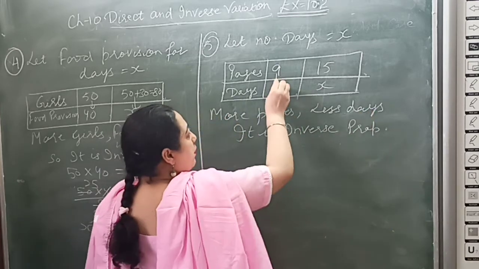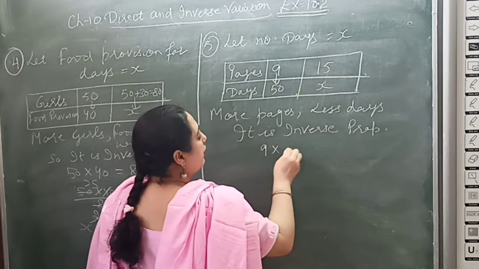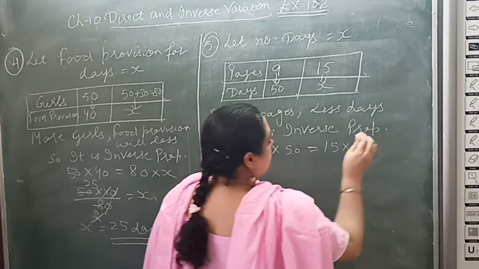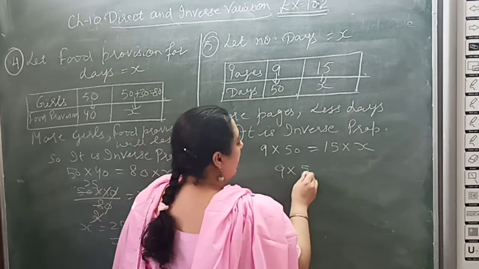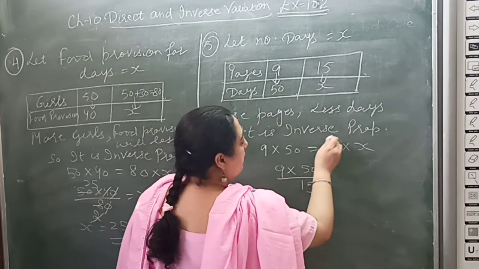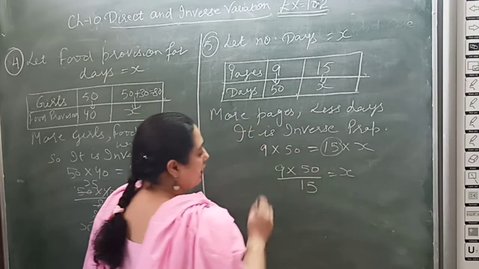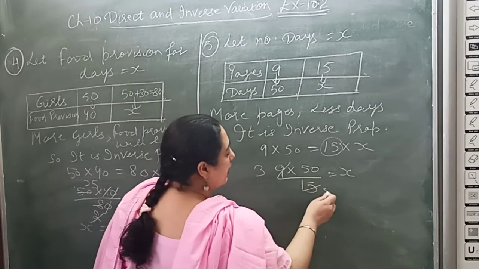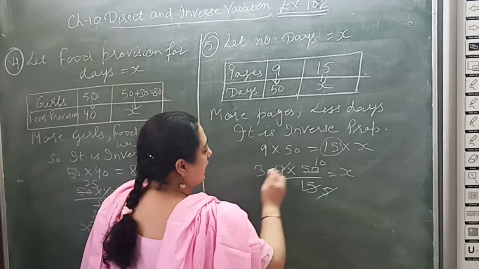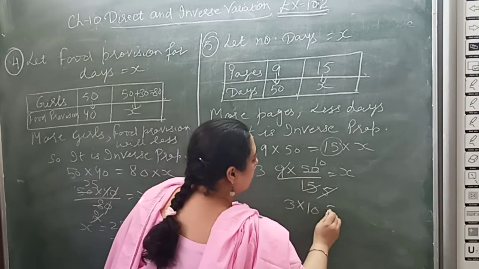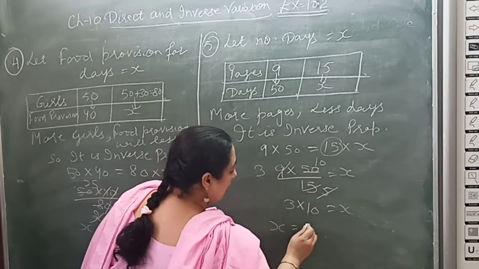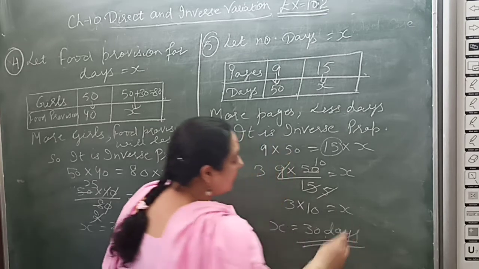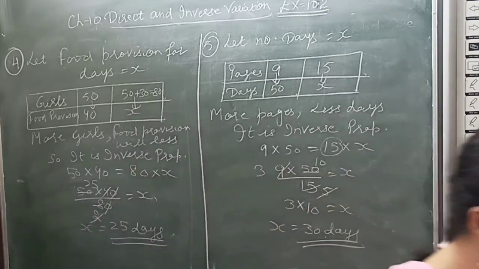Again in inverse proportion, multiply 9 with 50 and 15 with x. Now 9 into 50 is divided by 15 and you will get the value of x. Do the cutting in the table of 3. 3 3s are 9, 3 5s are 15, and 5 10s are 50. Now 3 into 10, it is x, right? x is equal to 30 days. So she will read the book in 30 days.